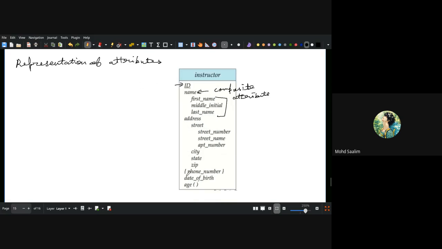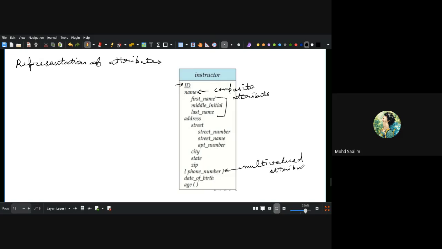Then comes the phone number. You can see these curly braces. Whenever you see curly braces on an attribute in your ER diagram, this is a clear indication of multi-valued attributes. Those attributes that contain multiple values together. Okay.